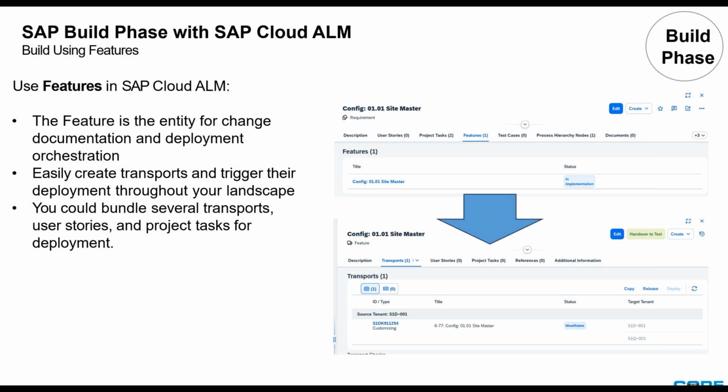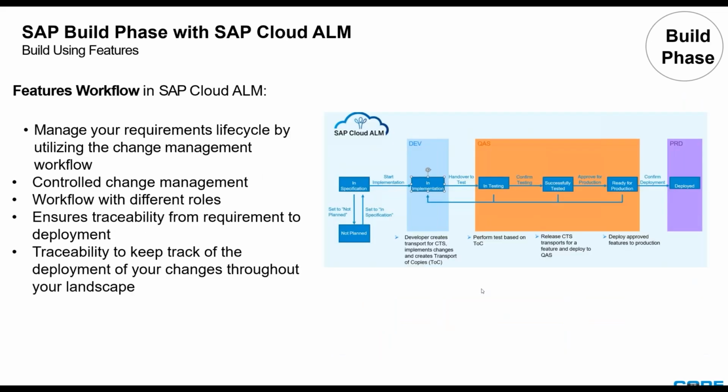So therefore, this is starting to build your traceability from the requirement all the way to deploying this feature into the next environment. Now, within the feature, you also have a certain workflow, with some change management workflow to it. So not everyone can, let's say, deploy a feature into a productive environment without being approved.